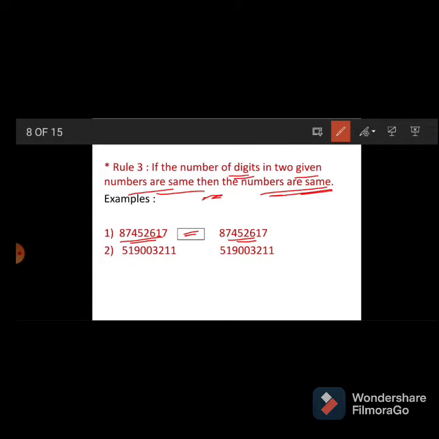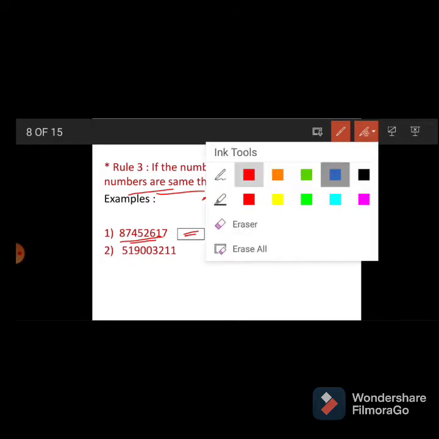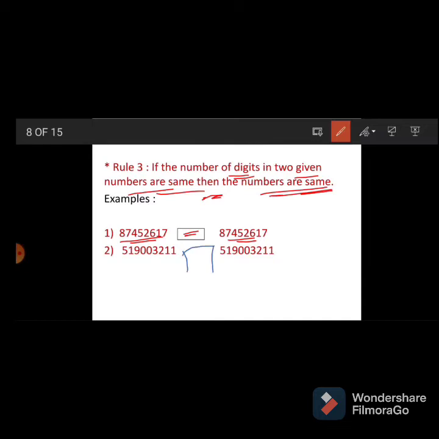See the second example. What is the second example given? In the second example, first we will check the digits: 1 2 3 4 5 6 7 8 9, and 1 2 3 4 5 6 7 8 9. Both numbers are formed by 9 digits. Then now compare the digits starting from the left hand side.